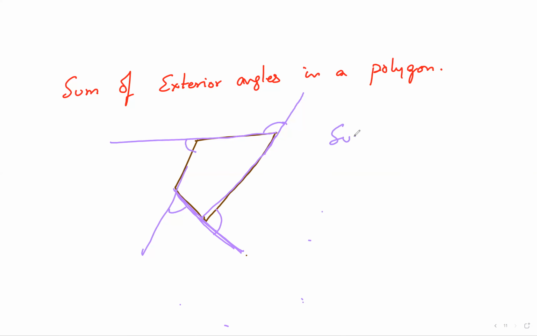So the sum of exterior angles in any polygon, maybe quadrilateral, pentagon, hexagon, even if you take 100-gon or 1000-gon, the sum of angles is equal to 360 degrees. Understood, my dear students? So the sum is 360 degrees.